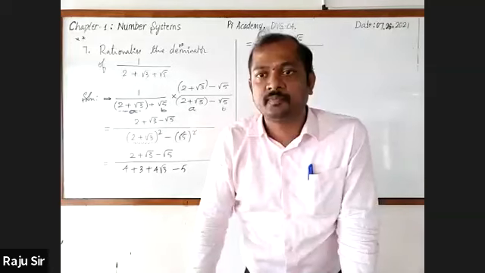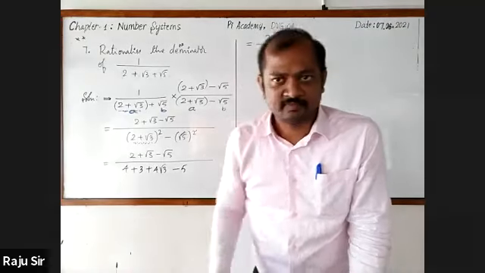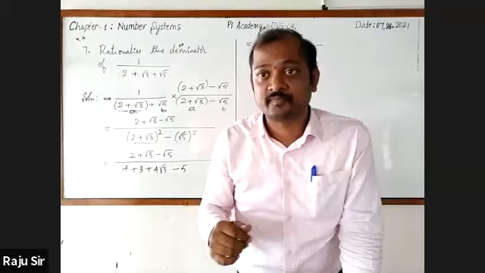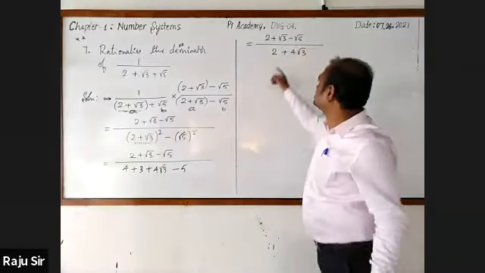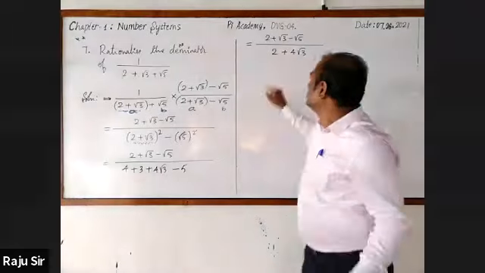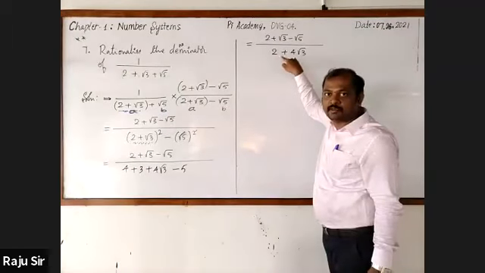Sir, 2 gets cancelled. Many times it is happening, Shamita. Somebody is telling that, sir, cancel 2 and 2. That will not happen. Again, we have to rationalize the denominator by multiplying 2 into root 3 minus root 5.